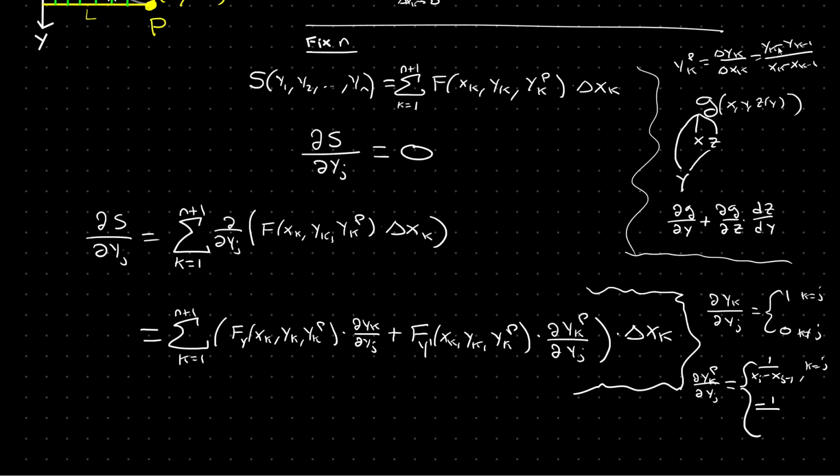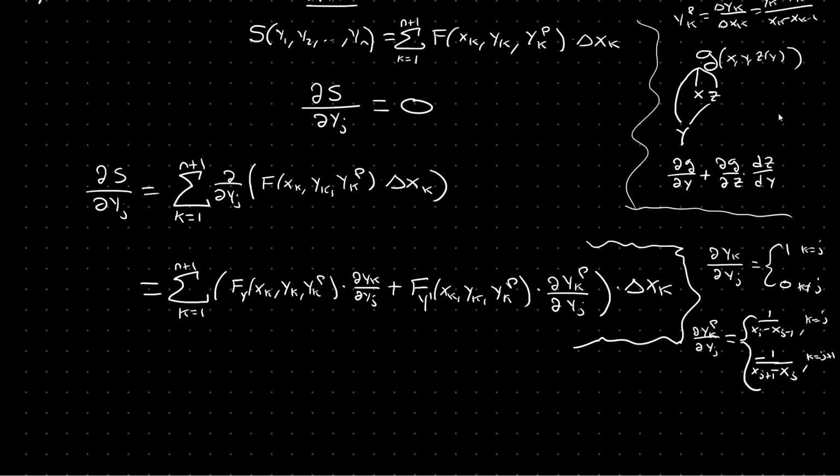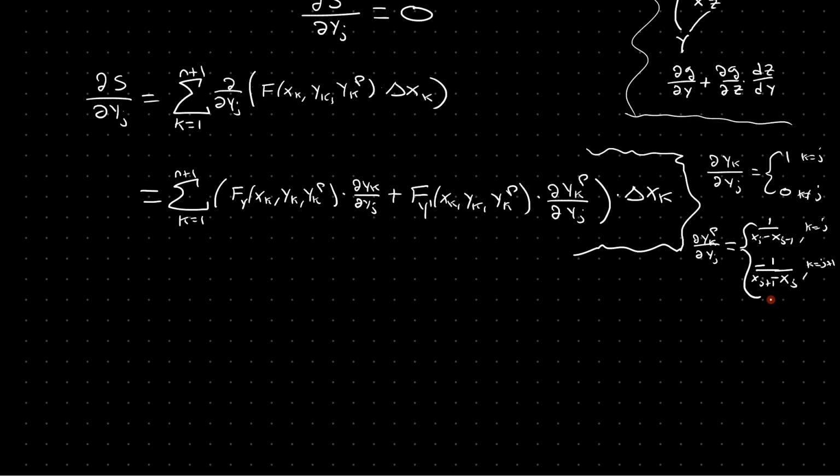You have a negative sign here, so it's going to be negative 1. And if j equals k minus 1, then k equals j plus 1. So it's 1 over xj plus 1 minus xj. This is when k equals j plus 1, or j equals k minus 1. And it's going to be 0 otherwise.